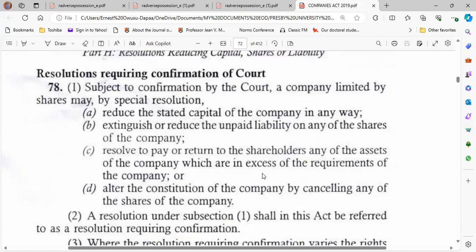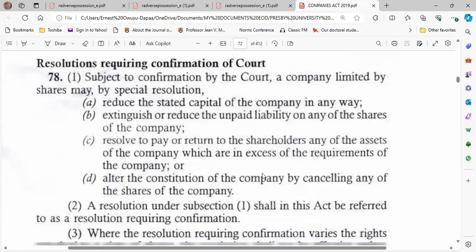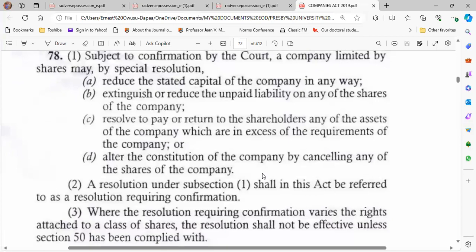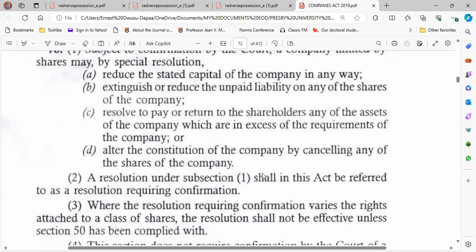You need the court to come in. And that is why 78(2) says that a resolution relating to any of the things that we have discussed, any of the 4 scenarios under 1, is referred to as a resolution requiring confirmation by the court. So let's keep that in mind.